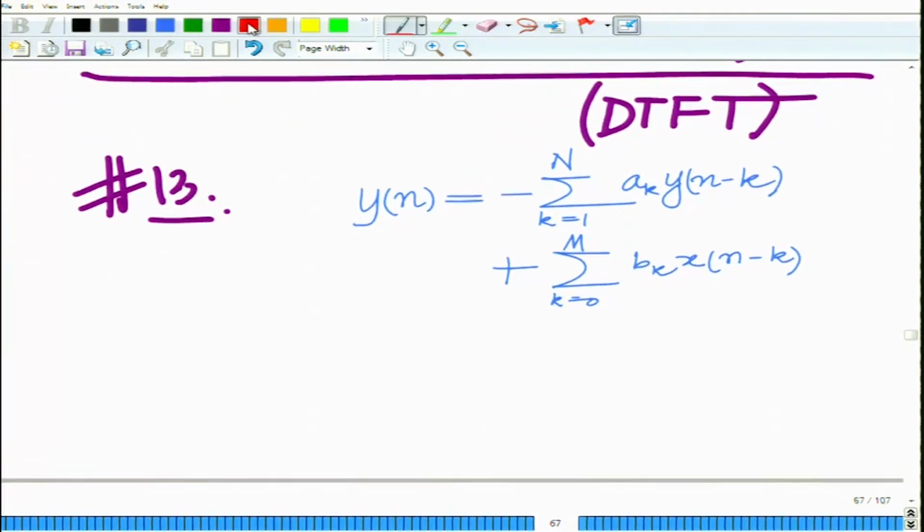Now, this is the difference equation for an LTI system.